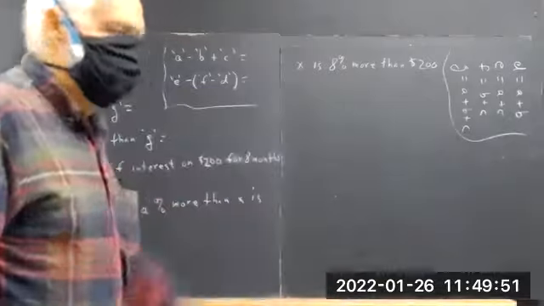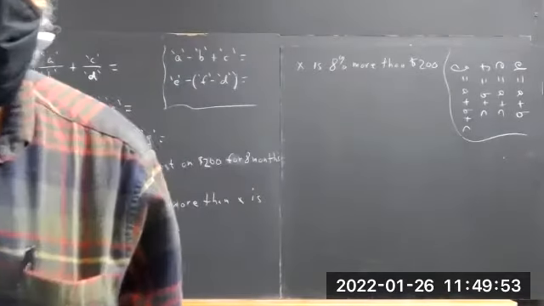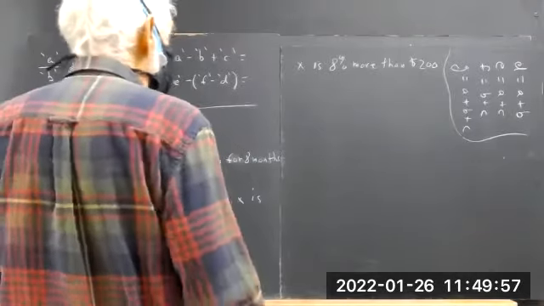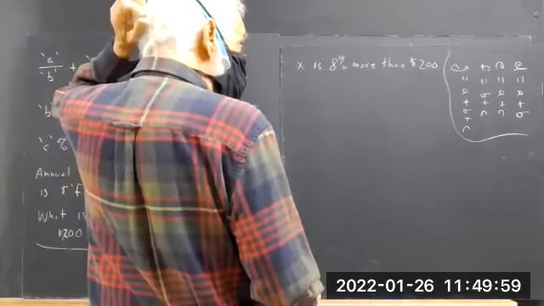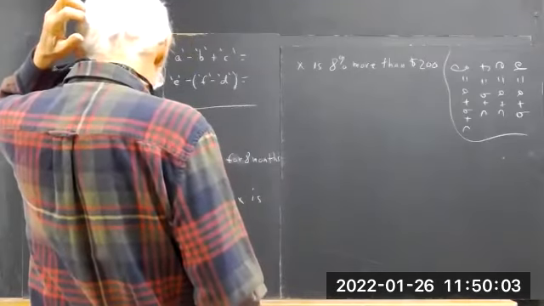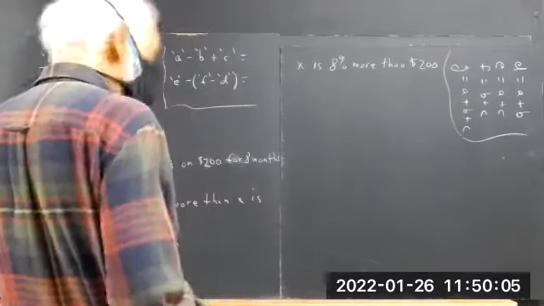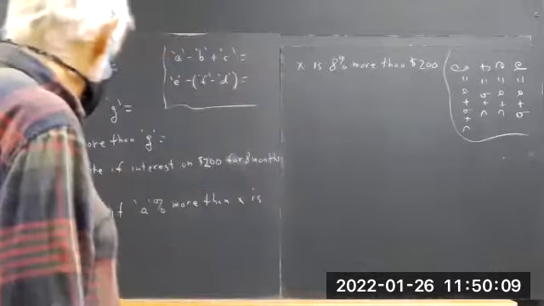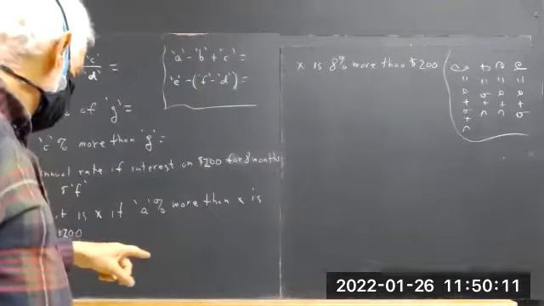And X is 8% more than $200. Okay, well, that's all right. That's not what it says. Okay, I'll use a mask for an excuse, kind of blocks what I'm seeing, but I think it's just being done.